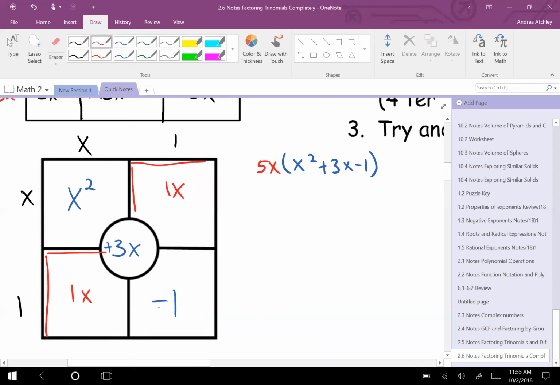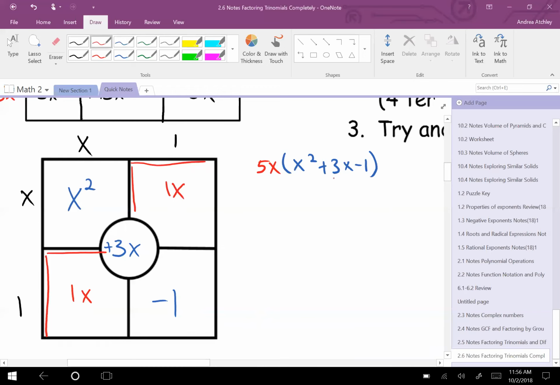One of them does need to be negative. Okay. If I subtract 1 and 1, do I get 3? No. Can I switch the 1 and the 1 and will that change anything? No. Is there anything else that multiplies to 1? Is there anything else that multiplies to x squared? No. So this is prime.